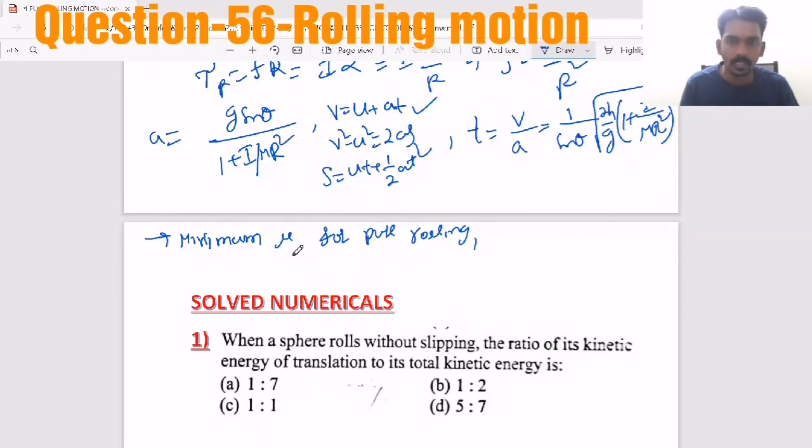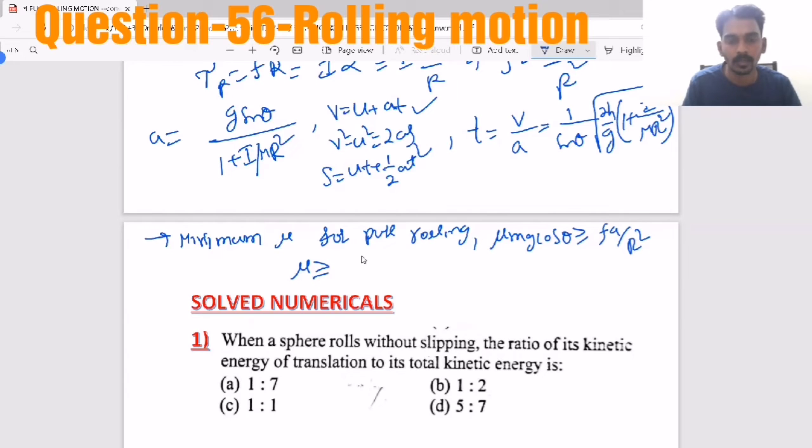So here the condition is that the maximum frictional value, mu mg cos theta, should be greater than or equal to f, which is I a by r square, where a equals g sin theta by the quantity 1 plus I by mr square.